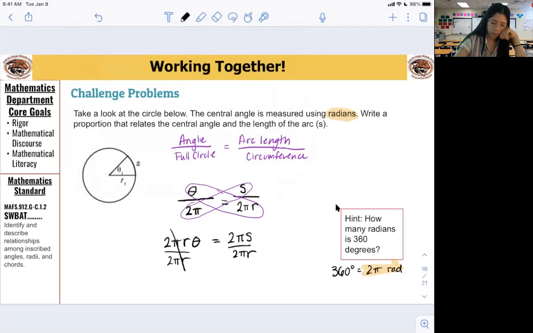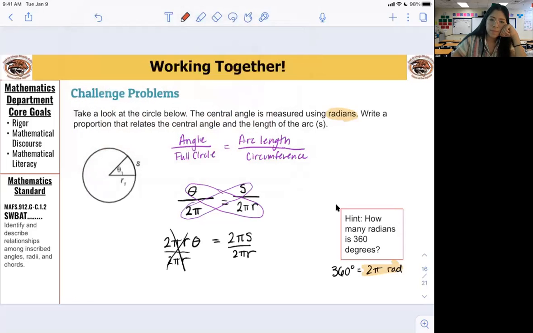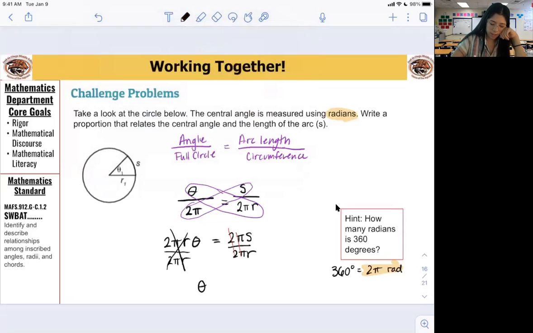What happens on the right side? Yeah, 2 pi cancels out. So theta in radians is equal to s over r, which I think Perla said a while ago, actually.